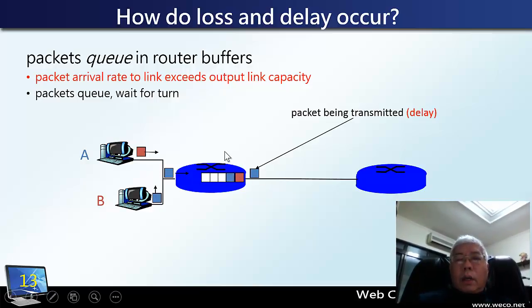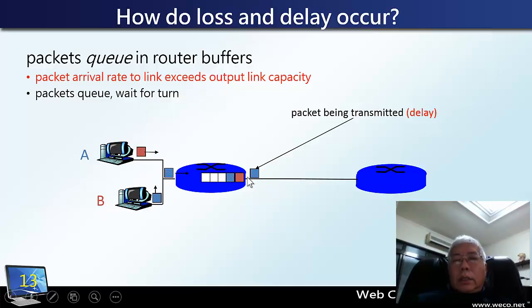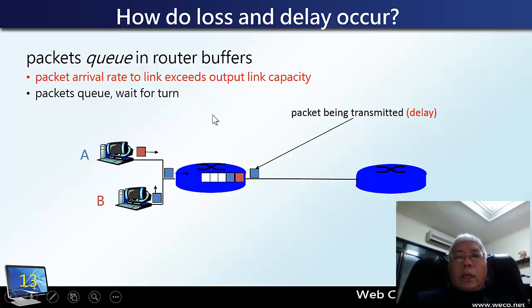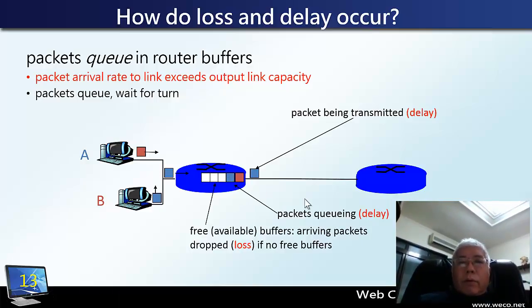So packets arrive depending on the send-out rate from A or B. Then when they arrive at the link between this router and the destination router, they might exceed the capability of the sender, so this will be queued up. Depending on the arrival sequence, they queue up here and wait for their turn.